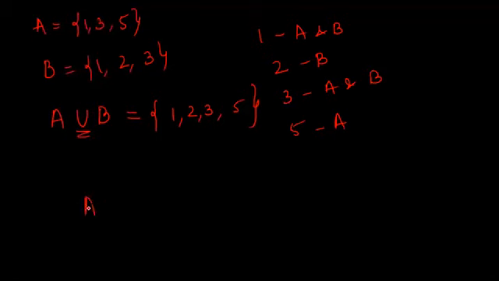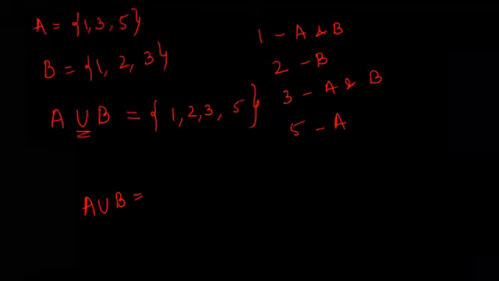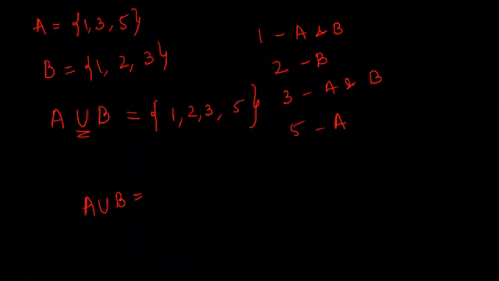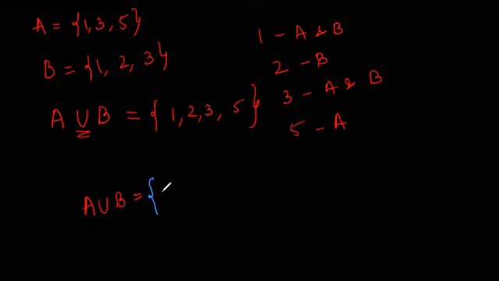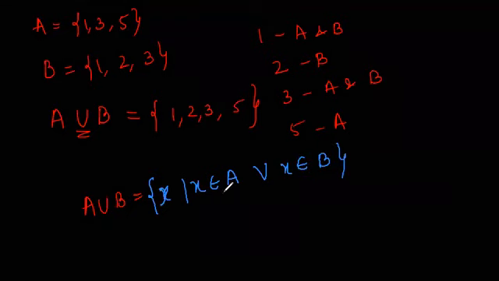In set builder notation, A union B is the set of all X such that X belongs to A or X belongs to B. What does this statement mean?